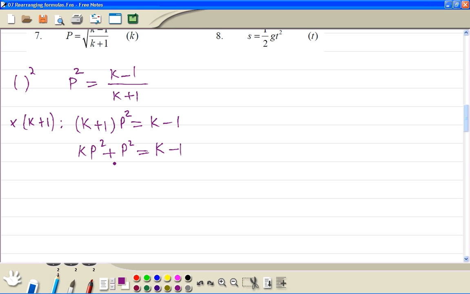So we bring K to the left and take P squared to the other side. So we have K P squared minus K equal to minus 1 minus P squared. K is a common factor.